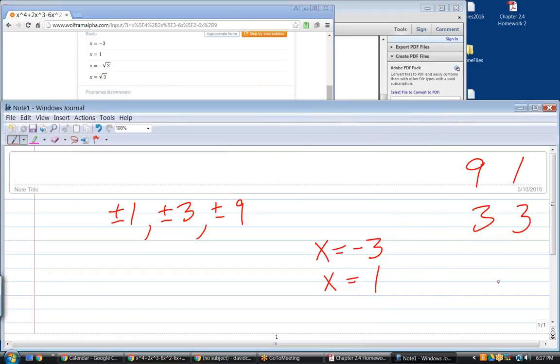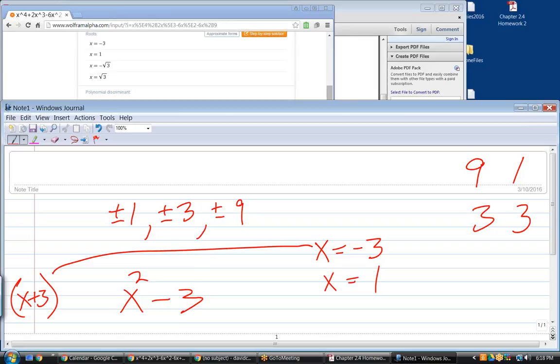In other words, obviously the remaining quadratic is going to be x squared minus 3. After we go through this whole thing, we're going to have x plus 3 as one of our factors. You see how I get that from that? And we're going to have x minus 1 as another one.